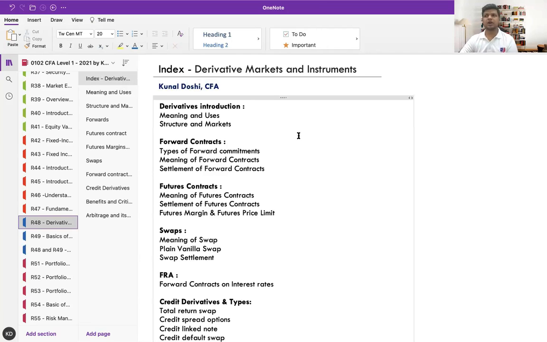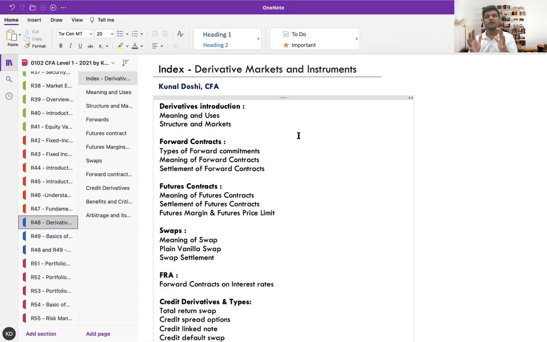And why so? Because derivatives as such include different types of instruments like forwards, futures, swaps, and options. Correct? I'm sure you must have heard about this, right? Out of this, options are very much different from forwards, futures, and swaps.